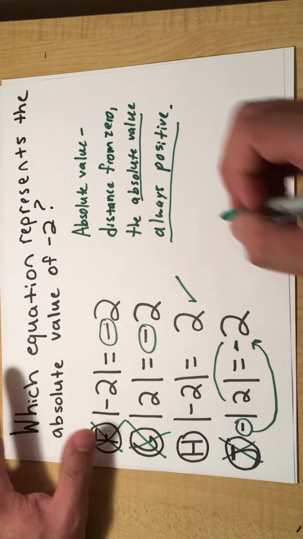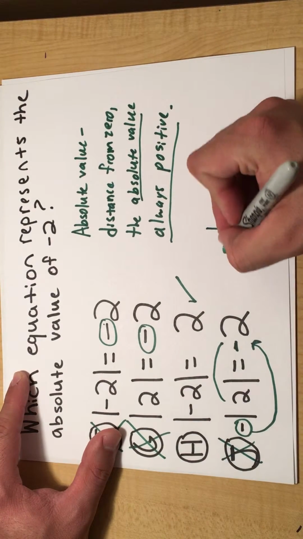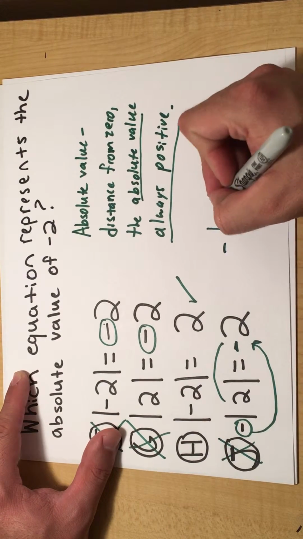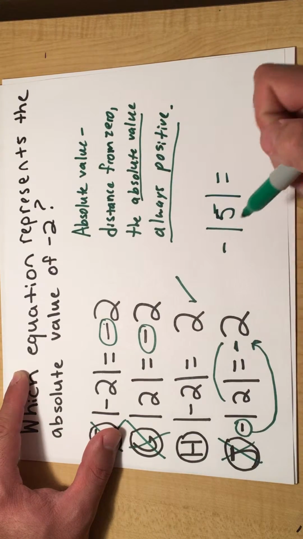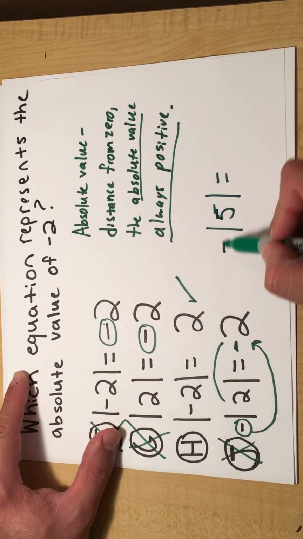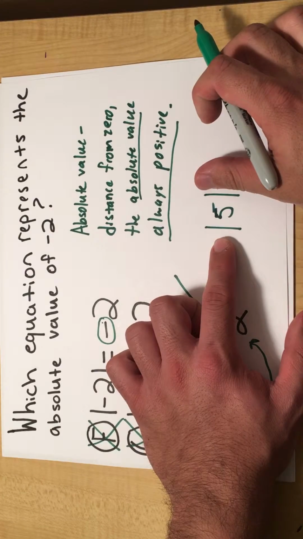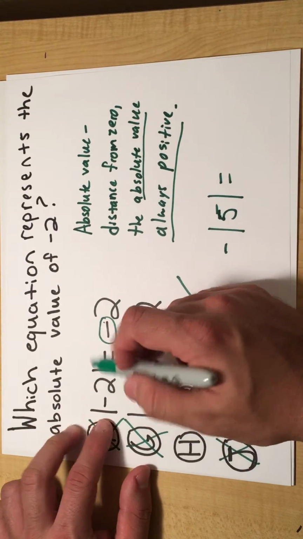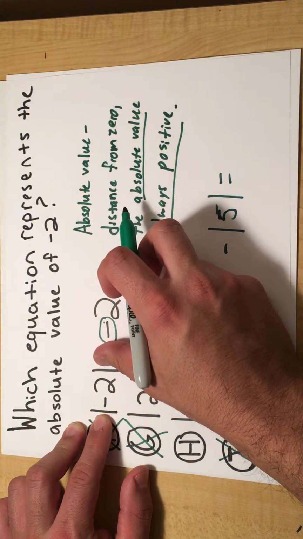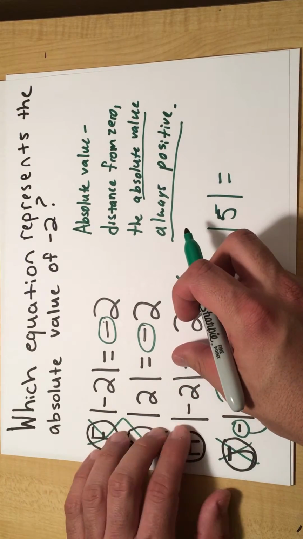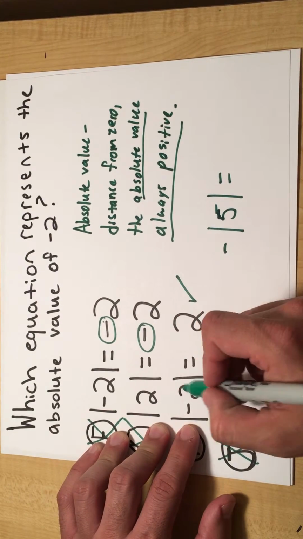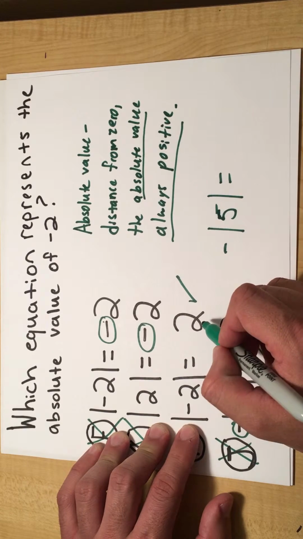And again, I'm going to repeat that again. Whenever we have a negative sign on the outside and we're taking the absolute value of a number, notice how this negative sign is outside of our absolute value lines. Do you guys see that? In this example, it was inside. So when we take the absolute value of whatever's inside, we should end up with a positive number.